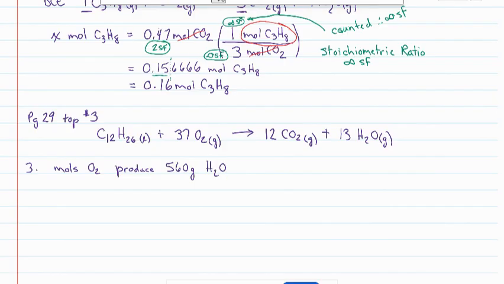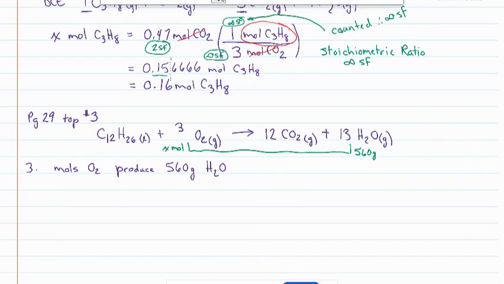Okay, now if you like to do this, so again, we're linking oxygen to our water, and we have 560 grams of water, and we have X moles of oxygen. Okay, and did we do that again? That was 37 O2, wasn't it? This is the one that has a correction in it.